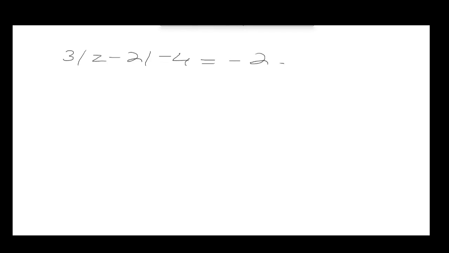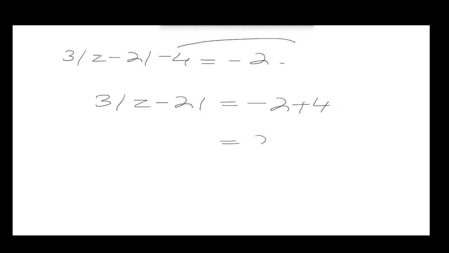So firstly, this minus 4 will go to the right. So we can write 3|z - 2| equal to minus 2 plus 4. So we will have 2 on the right and 3|z - 2| on the left.